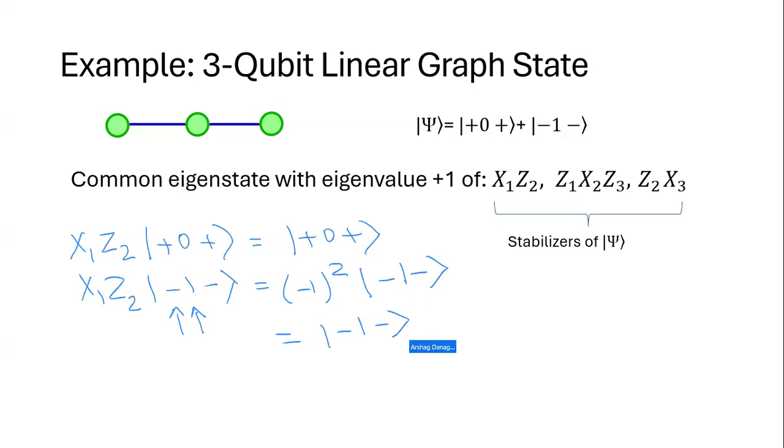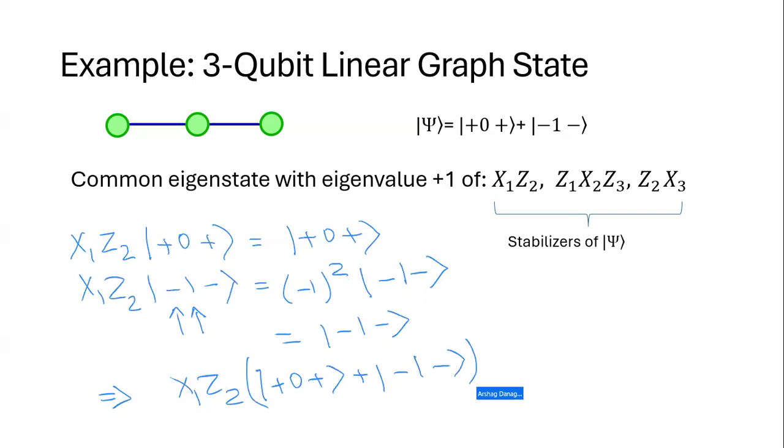So what that means is x1 z2 acting on your state plus 0 plus plus minus 1 minus just gives you the same state. Plus 0 plus plus minus 1 minus. And so on. You can do the same thing for the other 2 stabilizers.